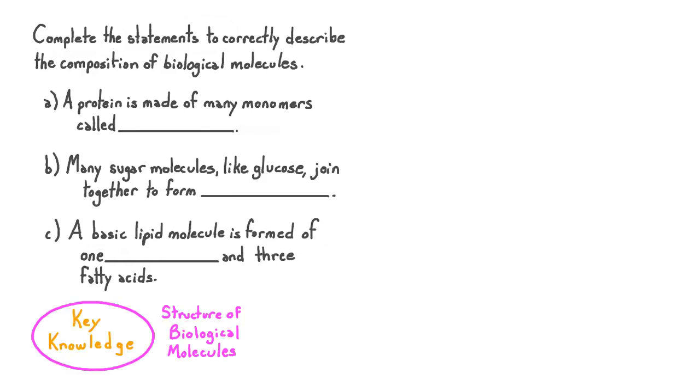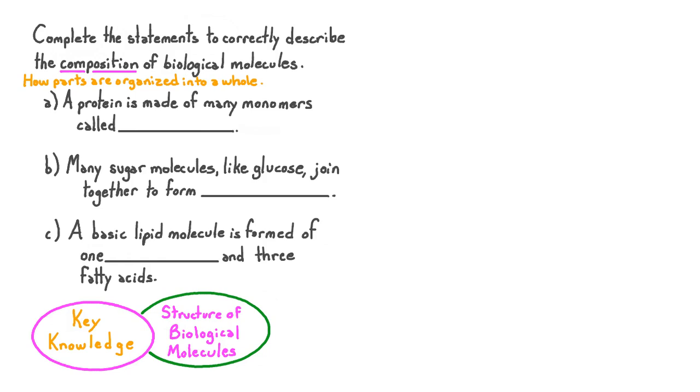Key knowledge required to complete these statements correctly is the structure of biological molecules, also known as biological macromolecules. So let's review what these molecules are made of and the patterns in their structure as we go through this question. The question asks us to describe the composition of biological molecules.